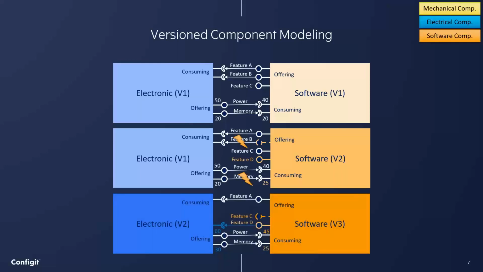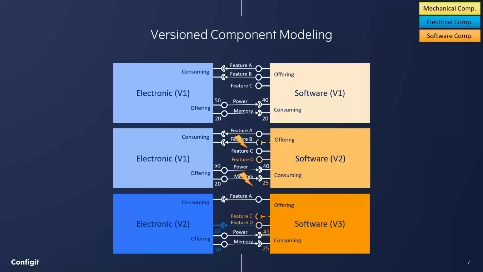Let's take another development step where the electronic also gets a newer version. So we remove the dependency to feature B and introduce the dependency to feature D. Feature C was removed, and the offered power and memory of this electronic was also increased. It might be a larger power unit or a larger CPU, which offers more power, and that is aligned with the software, which requires 45 and 25.